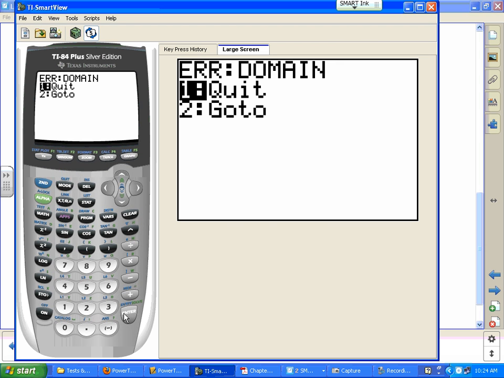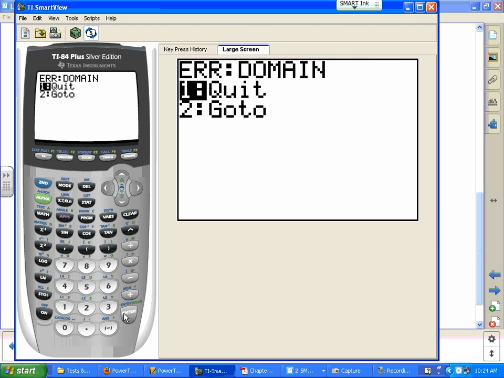Look at your unit circle again. What's the largest value of y on the unit circle? 1. What's 3 halves equal to? 1.5. That's bigger than 1, isn't it?